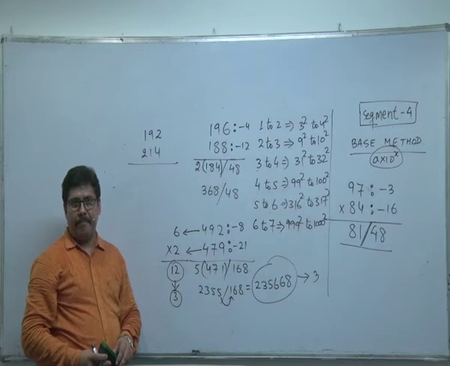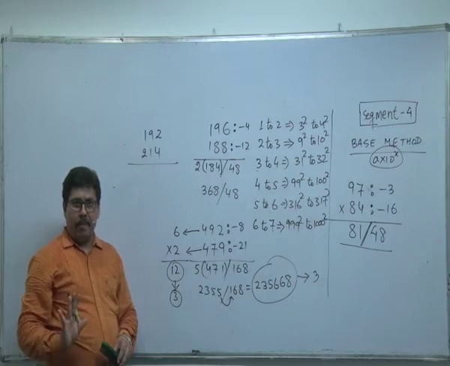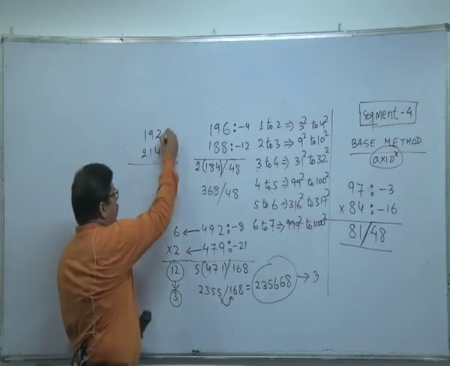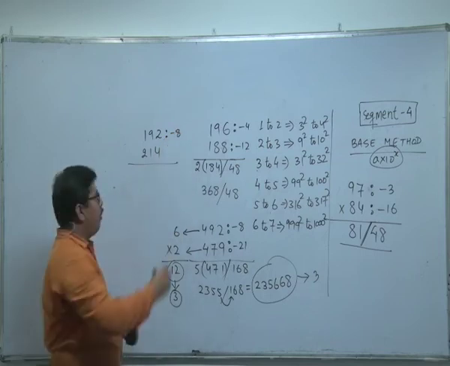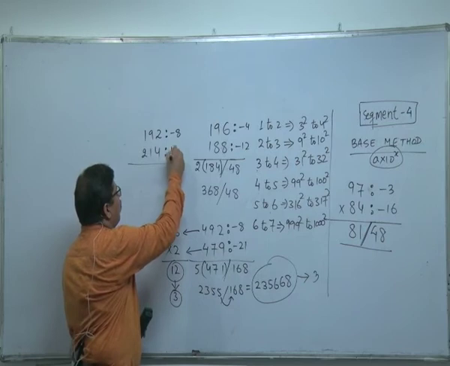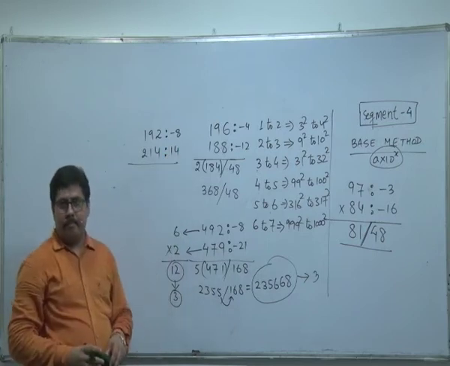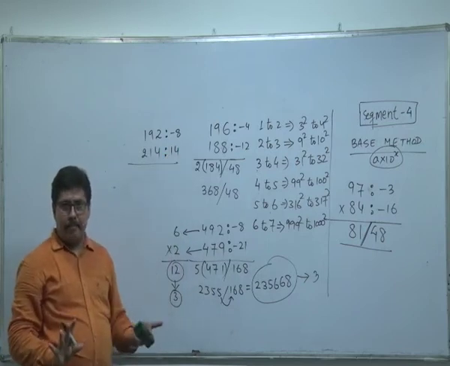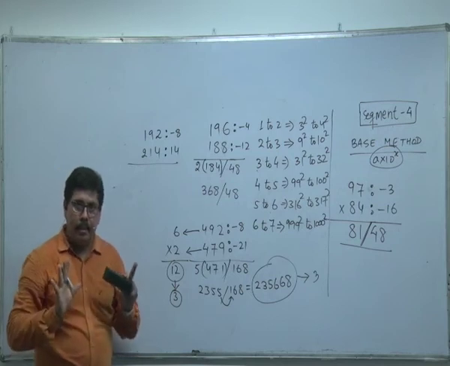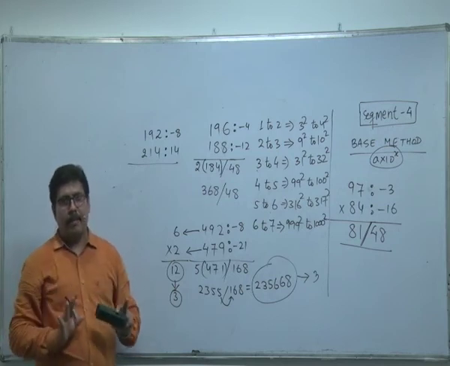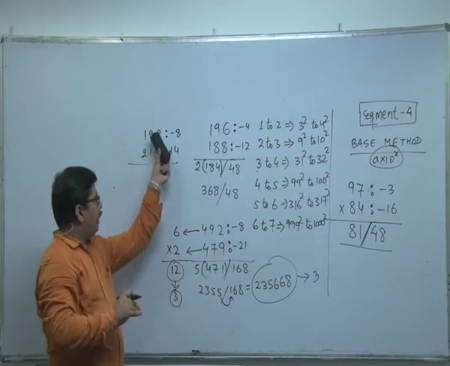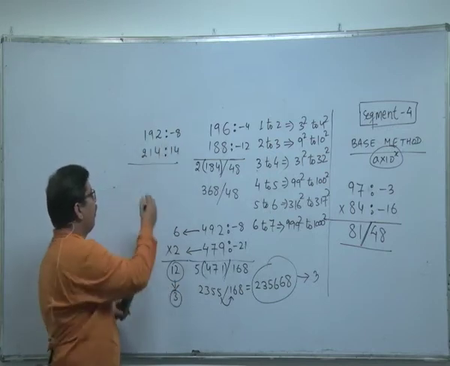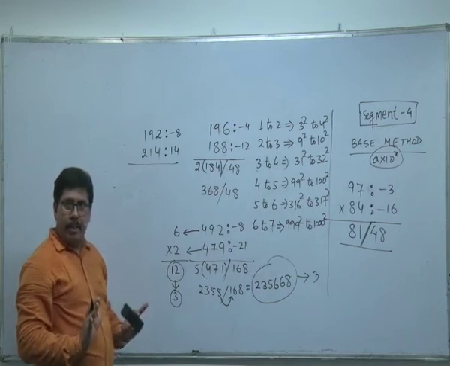Right? Let us do step number 1. 192 minus 200 is minus 8. And 214 minus 200 is 14. Step number 2 is cross addition. This plus this and this plus this will give the same result.